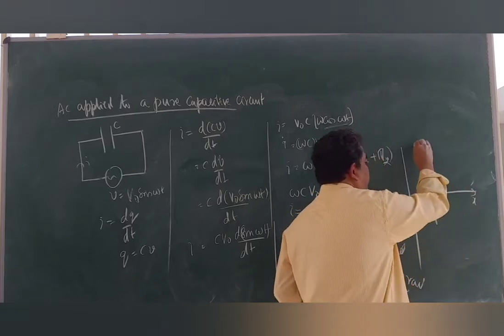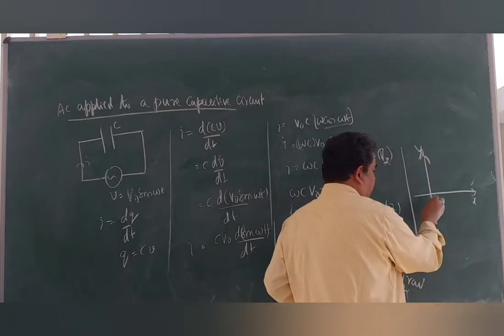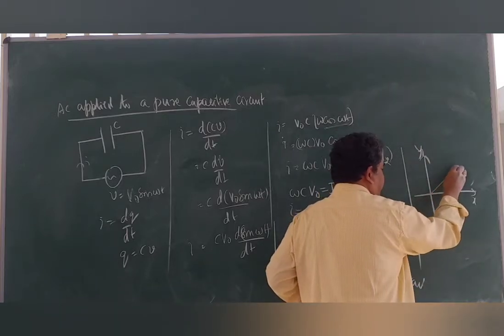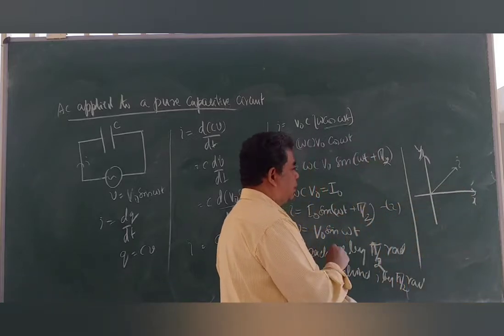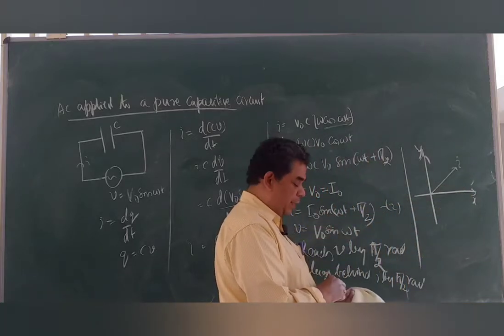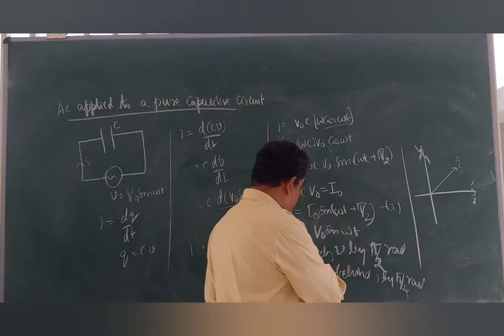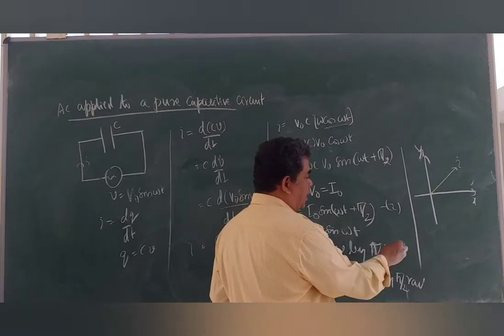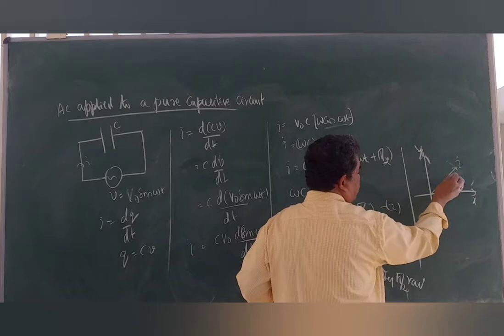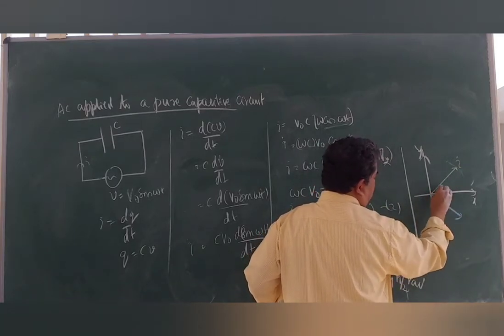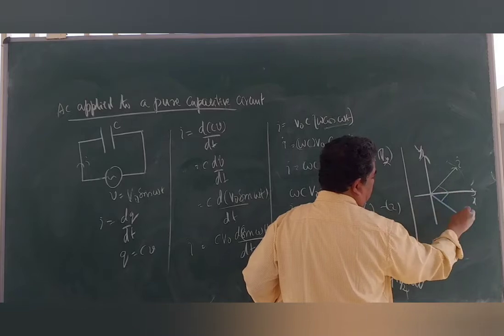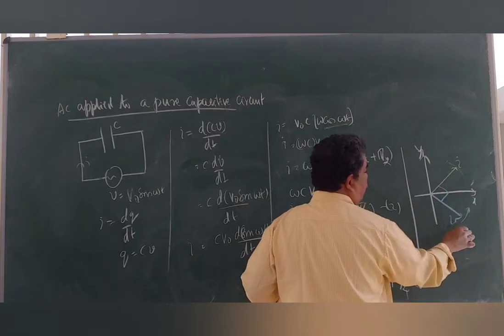X, Y. Say I write this as I there, then where should we write V? V is trailing behind, V lags behind. So I is in the first quadrant, and V lagging means it should be in the fourth quadrant, at around 90 degrees.